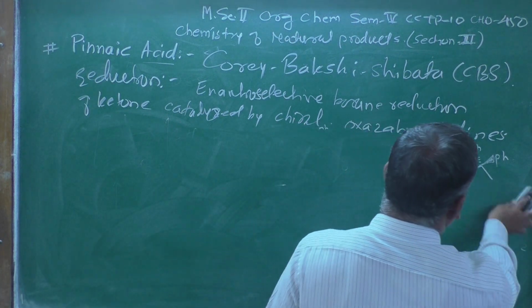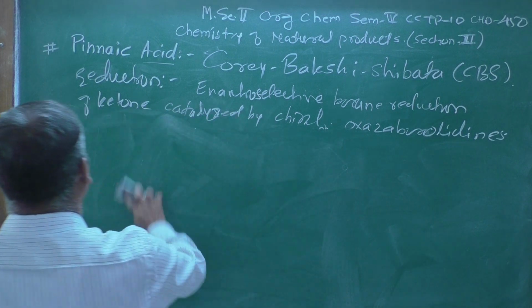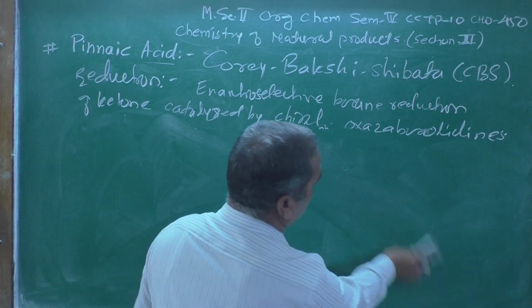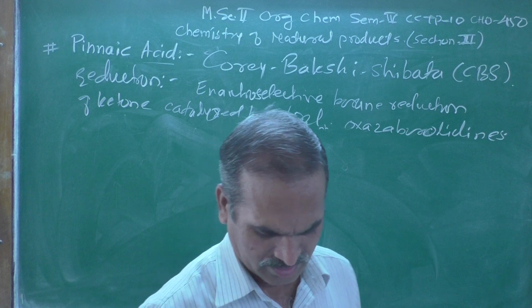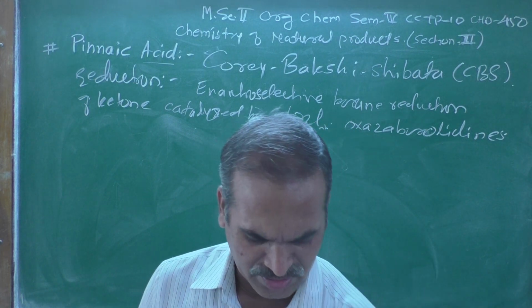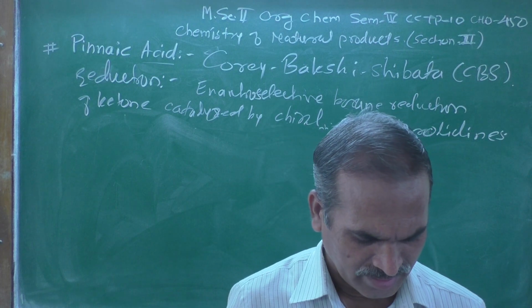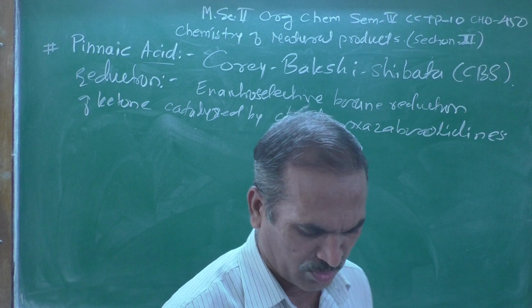So, let us see that one also, how that cycle takes place, and after that we will get the same transition state and all this. For example, let us see some example over here.